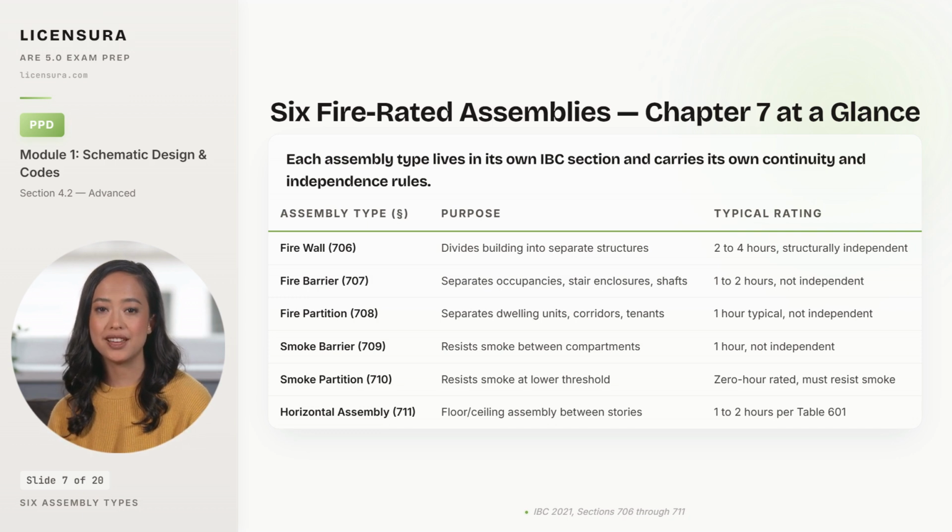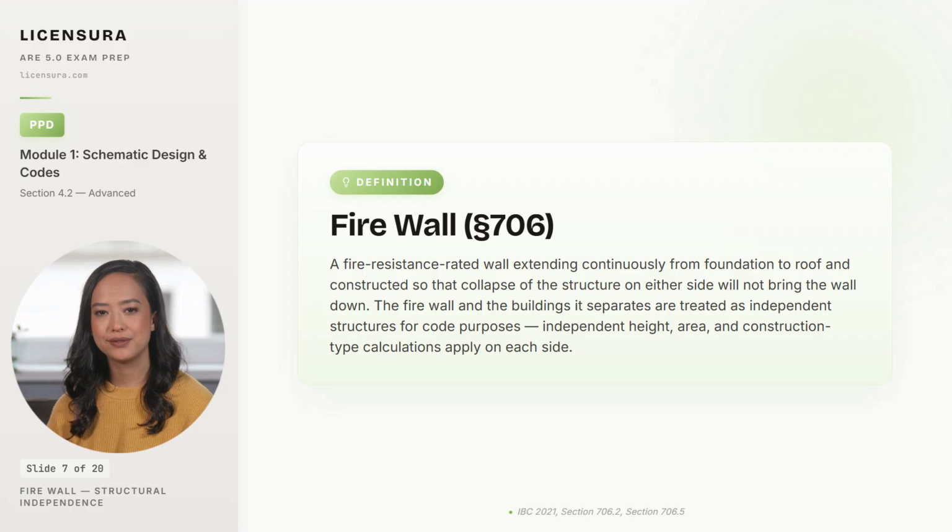The one rule that separates a firewall from every other assembly is structural independence, and it is worth its own definition. A firewall is the most demanding fire resistance assembly in the code, and the demand is structural.